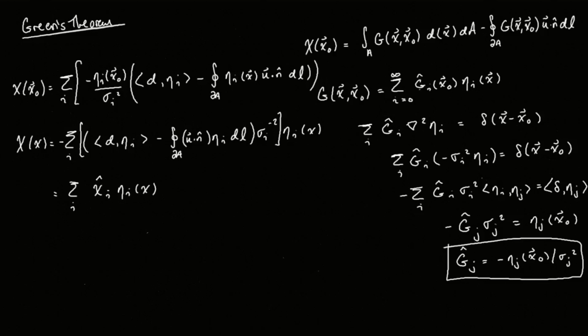So what this means is that the spectral coefficients are the negative projection of D onto eta i, minus the boundary integral of u dot n hat eta i dl, times sigma i to the minus 2.